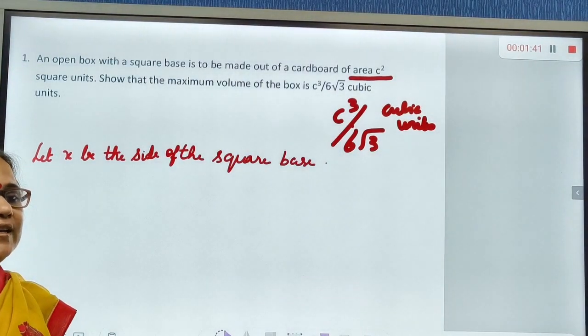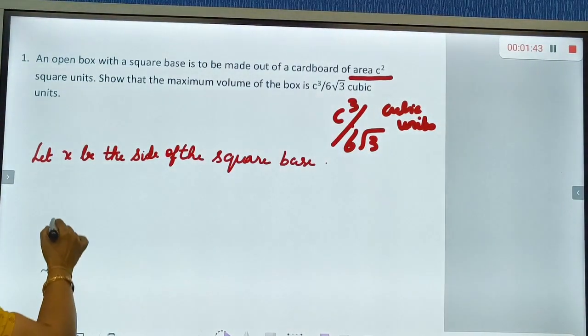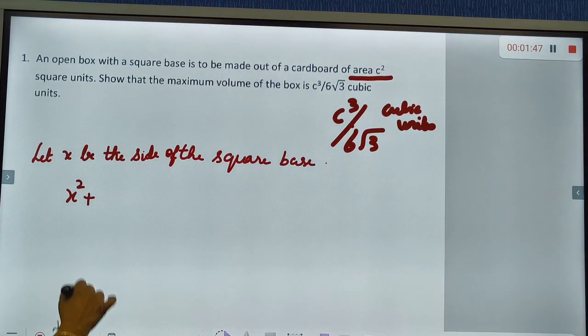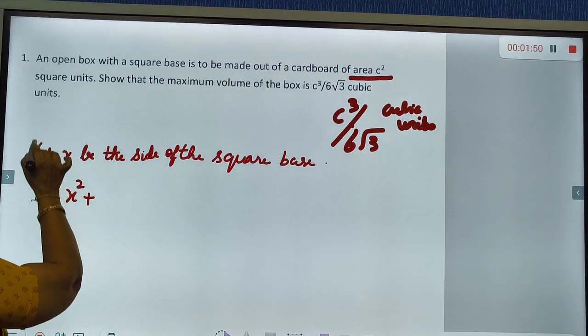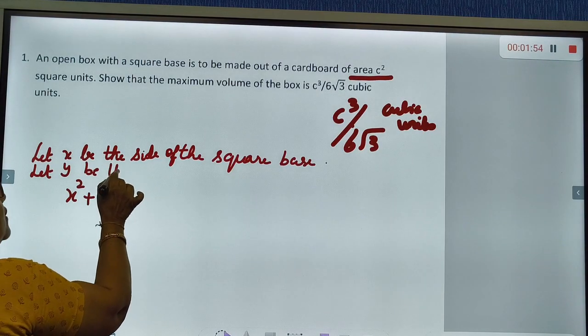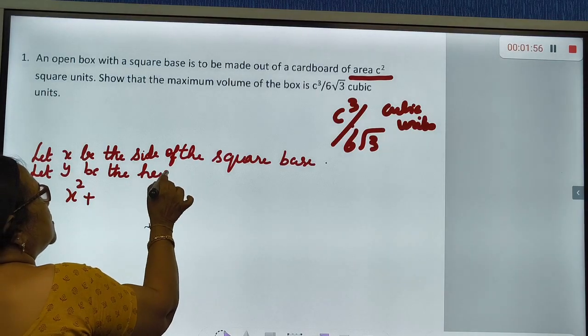So what will be the area of the box? Area of the base is x square plus, let y be the height of the box.